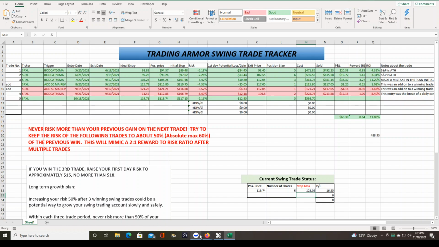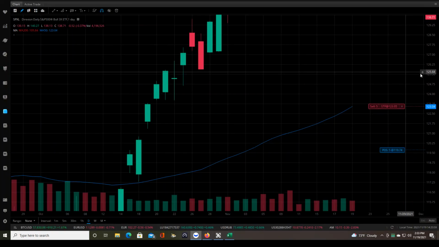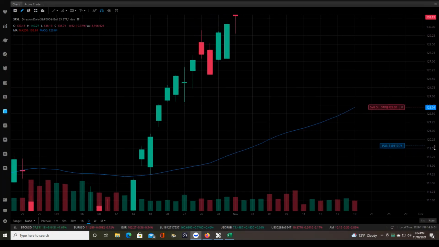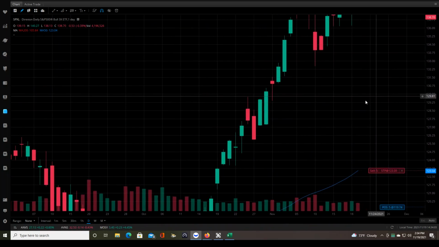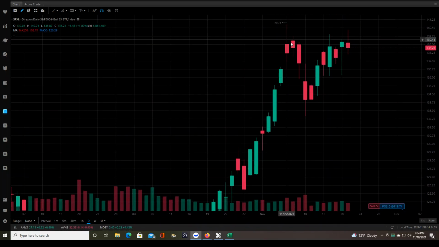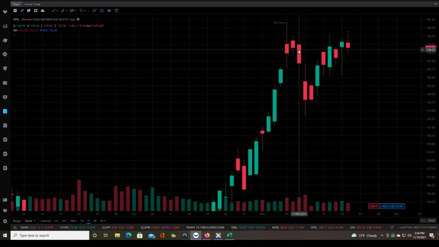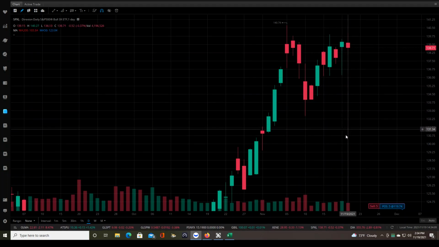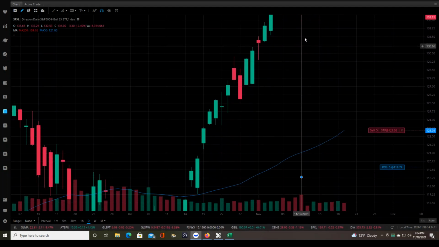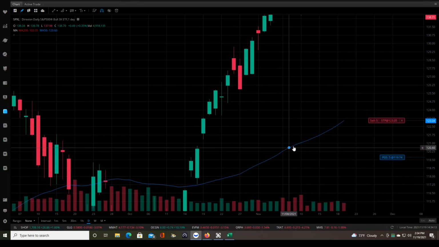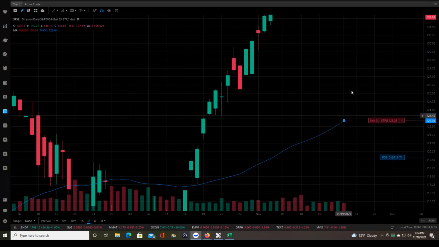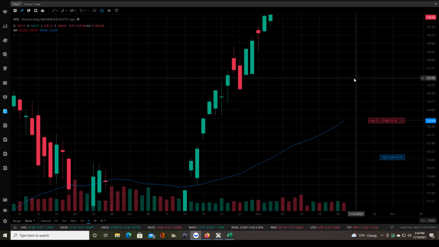The way the 50 MA works is it's a 50-day moving average. So no matter what the price action does, you could see that even when the price action came down for, let's see, 3-ish days in a row, during that entire period, the 50 MA continued to move higher. And that is what will happen because it's an average of 50 days, not 3 or 4 or 5 days.